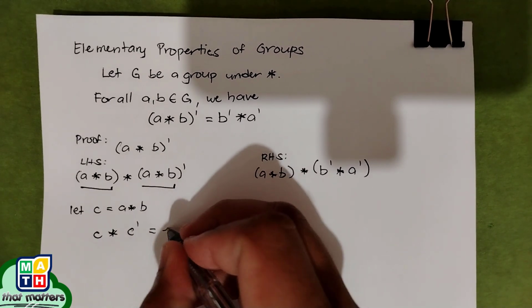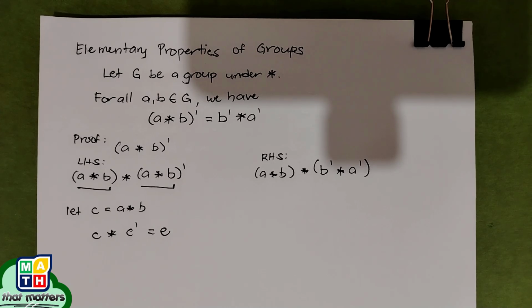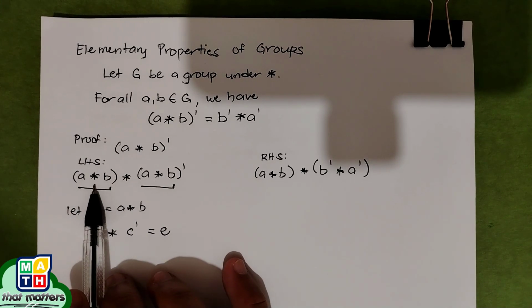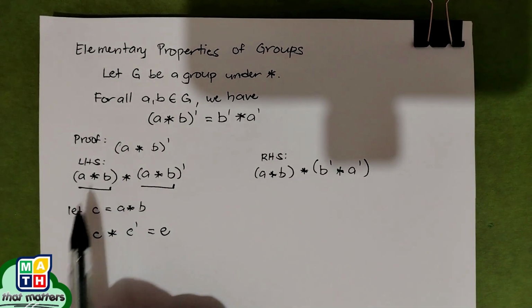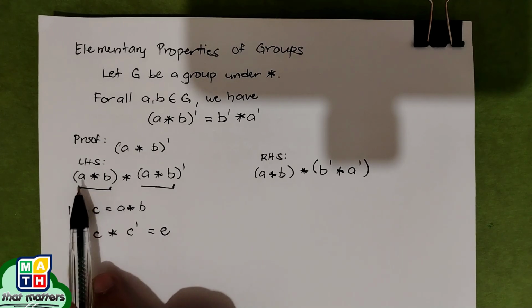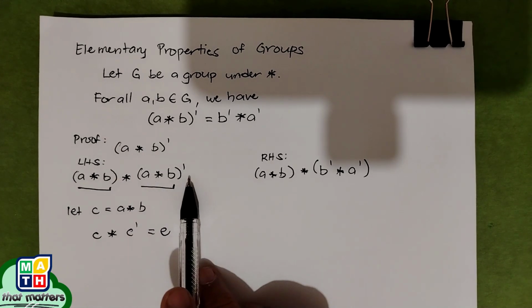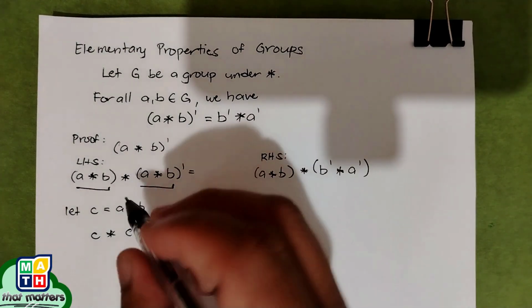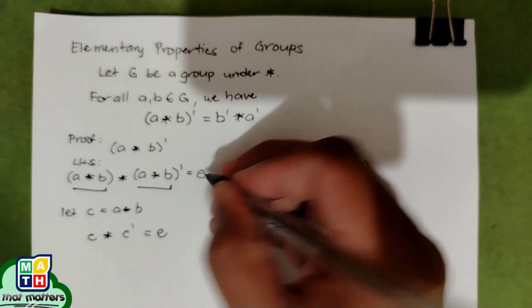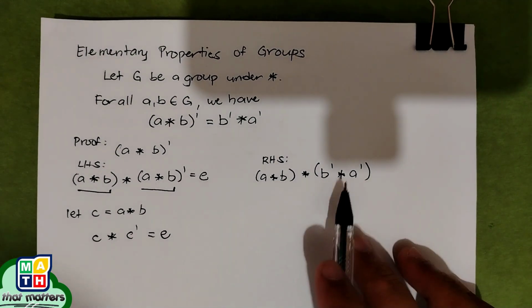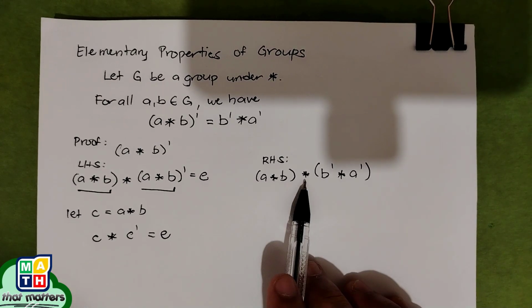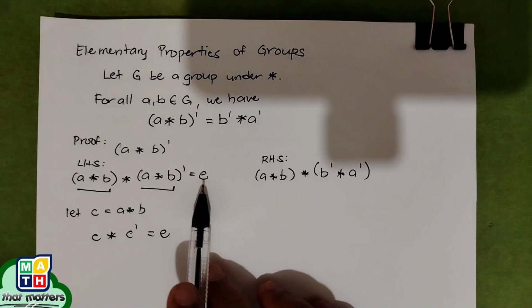This is equal to E, the identity element. We're just treating this as one. Or if you don't want this, of course, you can simply stick to A star B and its inverse. Automatically, its result under the same operation star is just equal to E. Let's show that the right hand side, when we operate it on the left with the same star, will result in the same E.